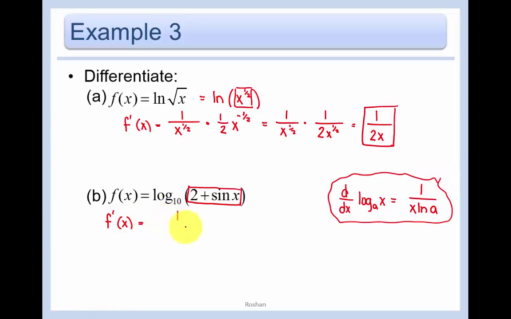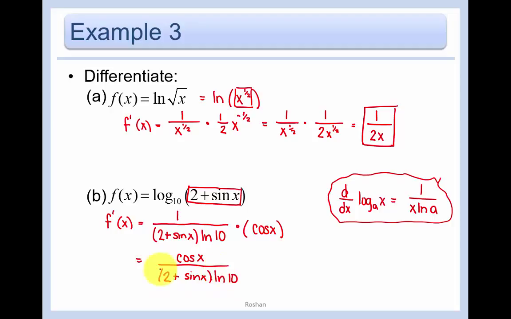So we have 1 over, and instead of x here, we have our whole 2 plus sine x, 1 over x ln, our a is 10 in this case, that's our base, right? Times, don't forget to chain it, the derivative of 2 is just 0, and the derivative of sine x is cosine x. So that is our answer, cosine x over 2 plus sine x times ln 10.